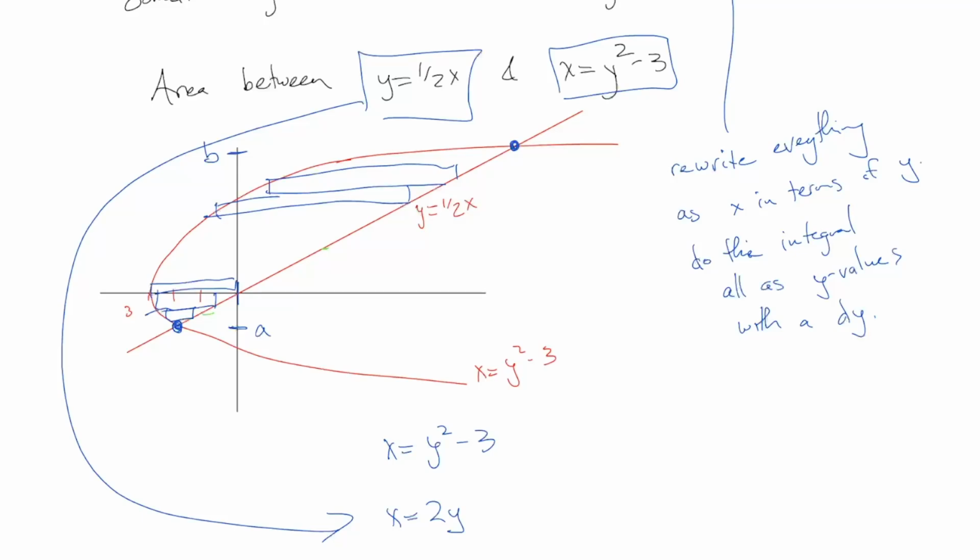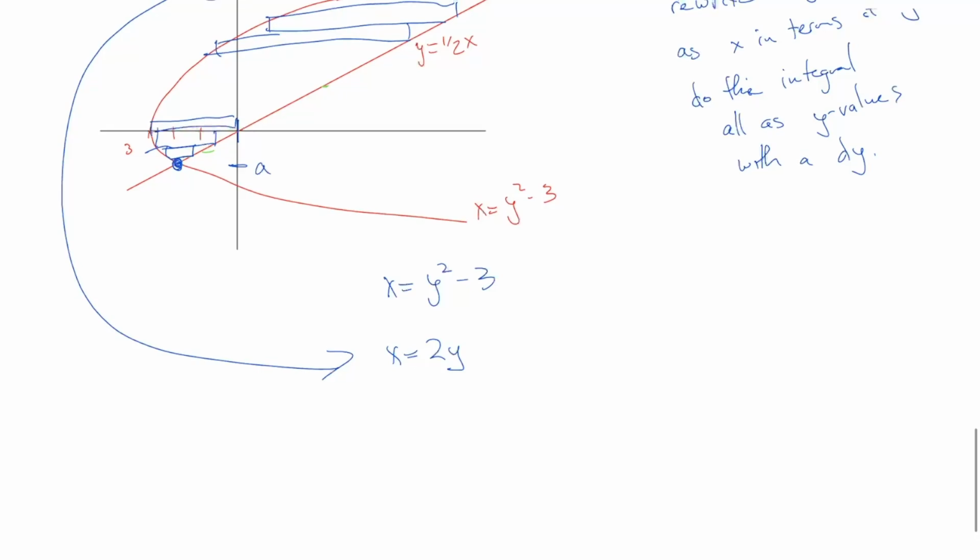How would we find those two values? Anyone got a suggestion? Yeah? Set them equal to each other and solve for y. Yeah, set the two equations equal to each other, as we usually do. This is, again, just finding intersection points of two equations.